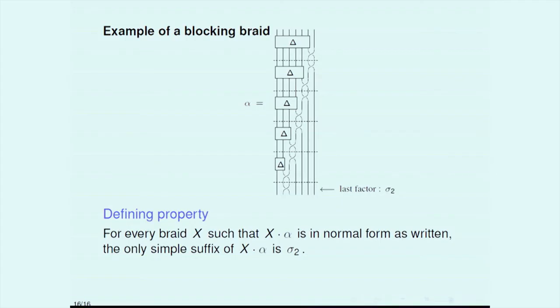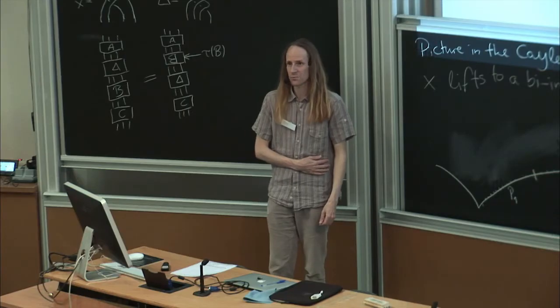So here's an example of a blocking braid. The defining fact is, well, there's a sigma 2 occurring. You could have replaced that with anything else. But if you take any braid x such that x times alpha is a normal form, as written, then the only simple suffix of x times alpha is the thing that was already the last factor of the blocking braid.